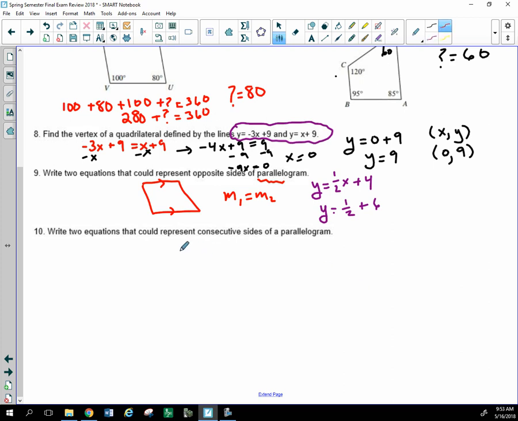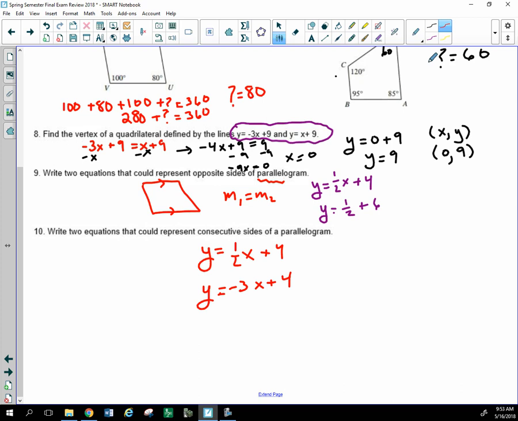So I could write an equation with a slope of 1/2, y equals 1/2 x plus 4. The key was that the y-intercepts were the same. That made sure that I had one point of intersection. So when I write my second equation, I might write something like negative 3x plus 4, and therefore I would have two sides that intersect at the point 0, 4, the y-intercept.